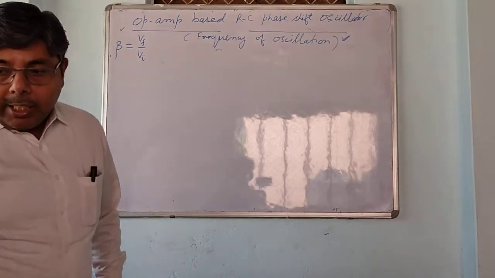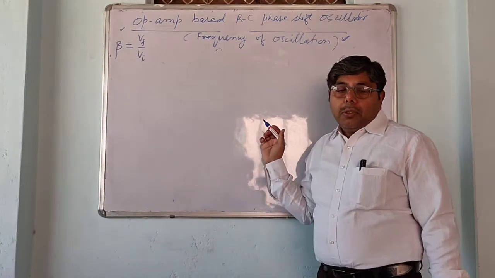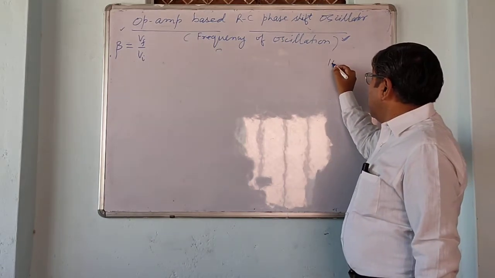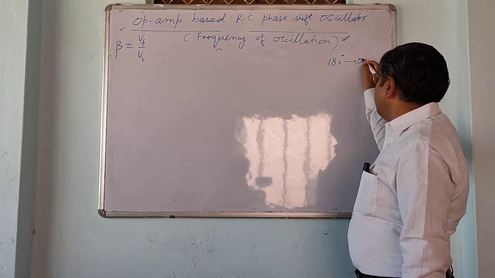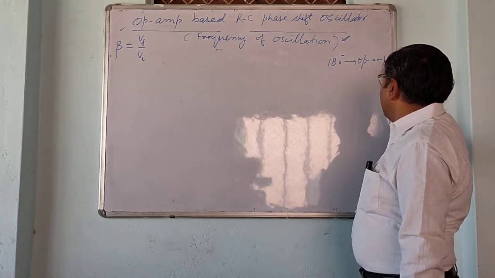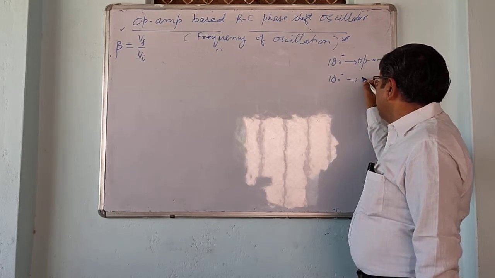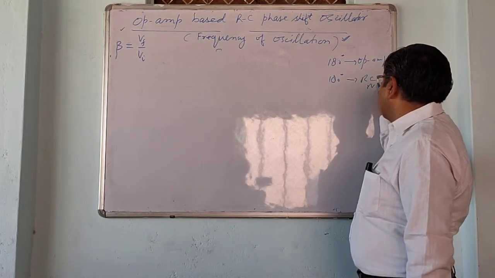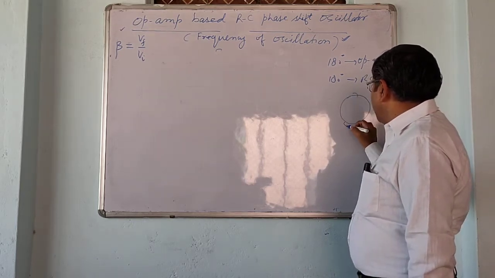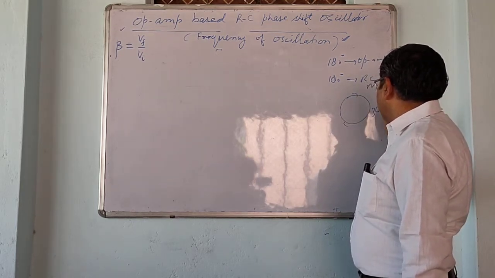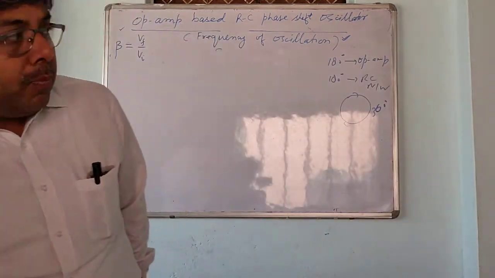So 180-degree phase shift, because we are using inverting amplifier, 180-degree phase shift is provided by op-amp, and 180-degree phase shift is provided by RC network. That's why in total phase shift in closed loop is 360, which is the basic condition for oscillation.